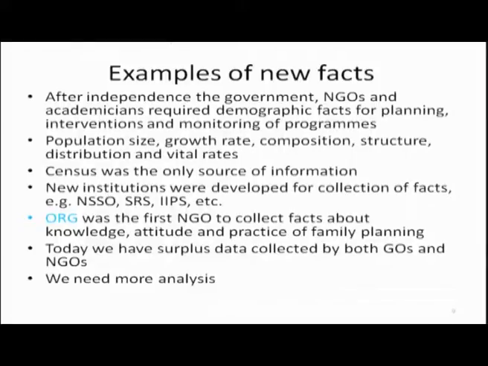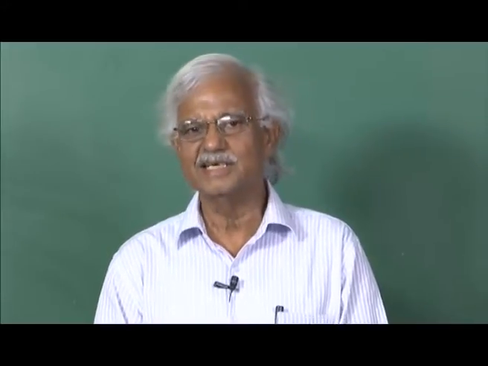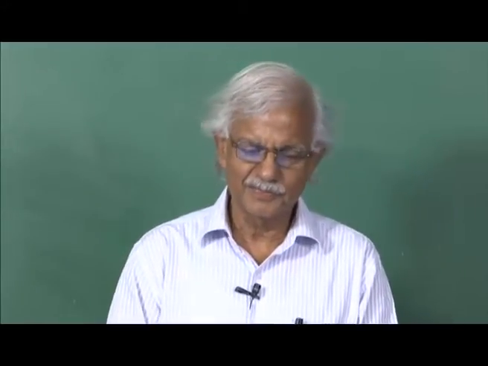So, new institutions were created, like National Sample Survey Organization was created, Sample Registration Scheme was created, International Institute of Population Sciences was created subsequently to conduct research and do teaching in the field of population.